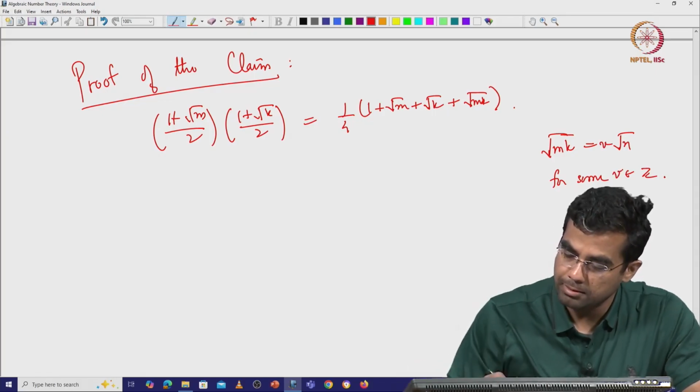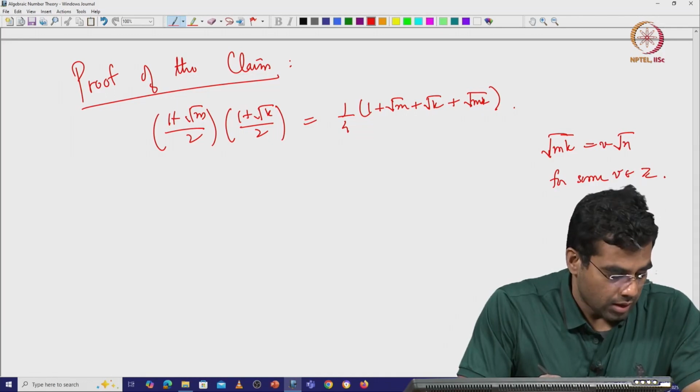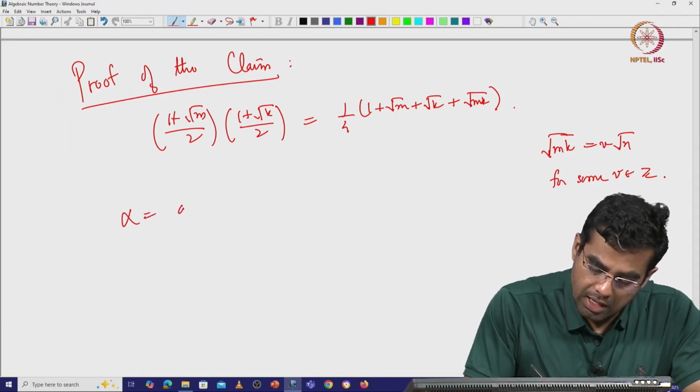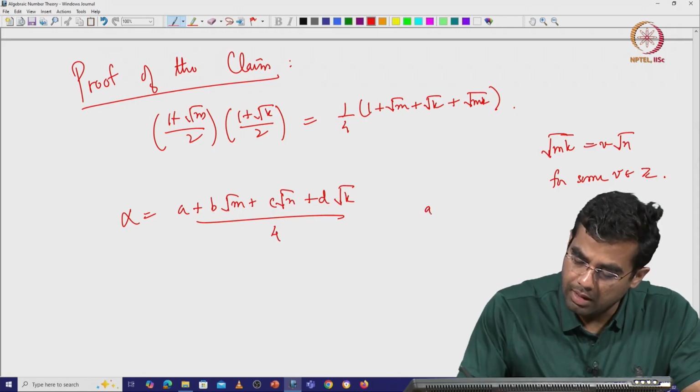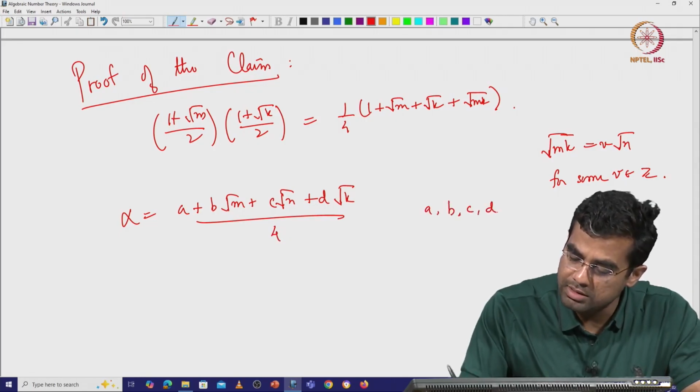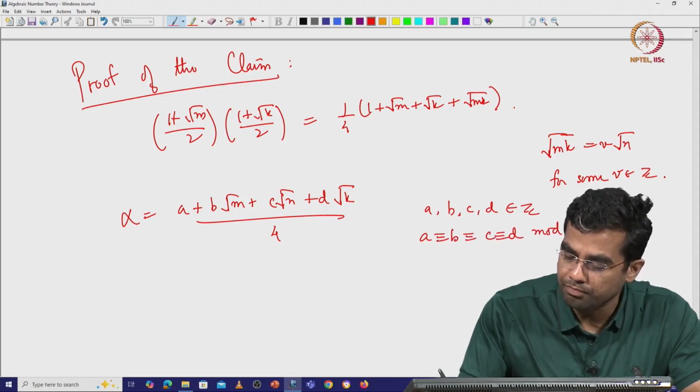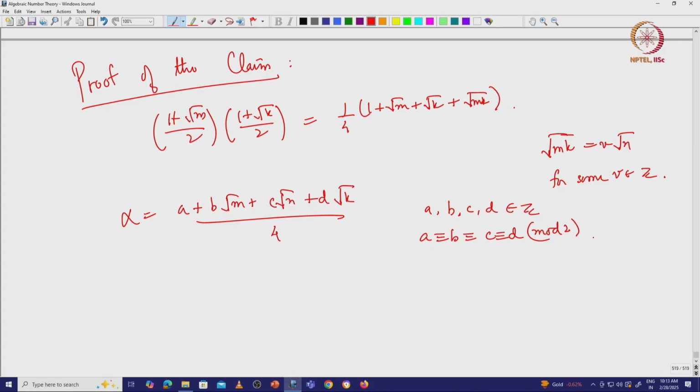v. Okay. So, alpha is a plus b square root of m plus c square root of n plus d square root of k by 4. And as I said before, a, b, c, d are integers. A is congruent to b, is congruent to c, is congruent to d mod 2. Okay, these are the kind of calculations one should do oneself.